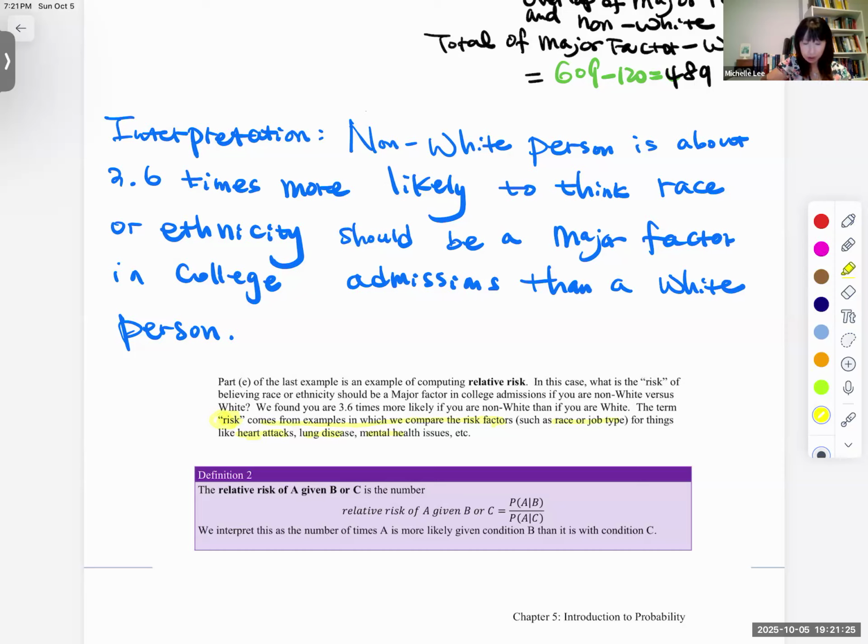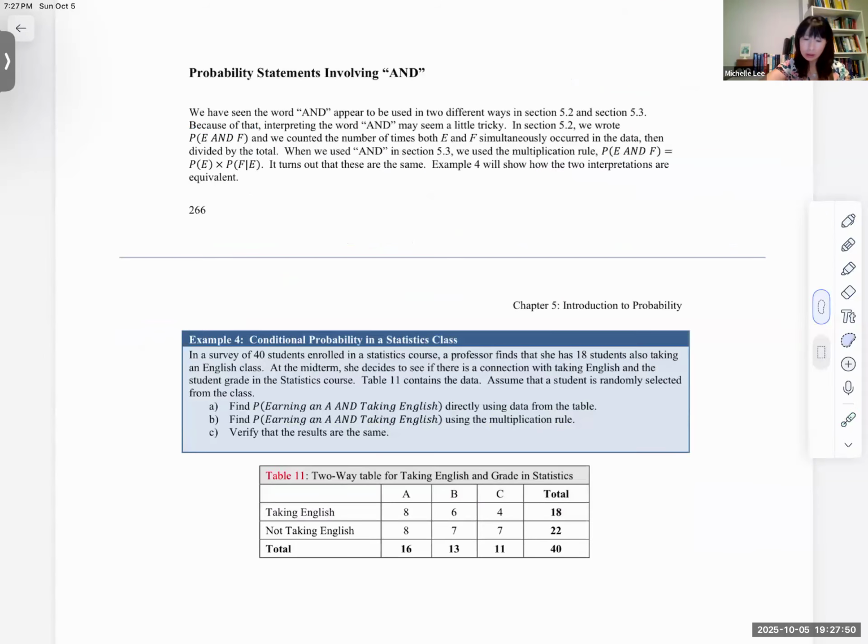So we had earlier, right? A given C, the numerator has non-white, the denominator has white, with the same A, which is major factor, right? Okay. Okay, now we have the N part.